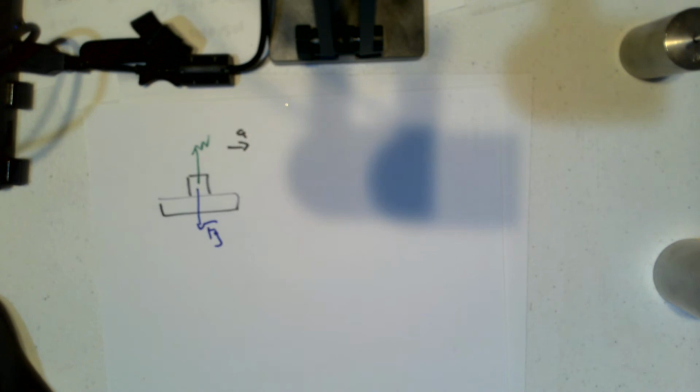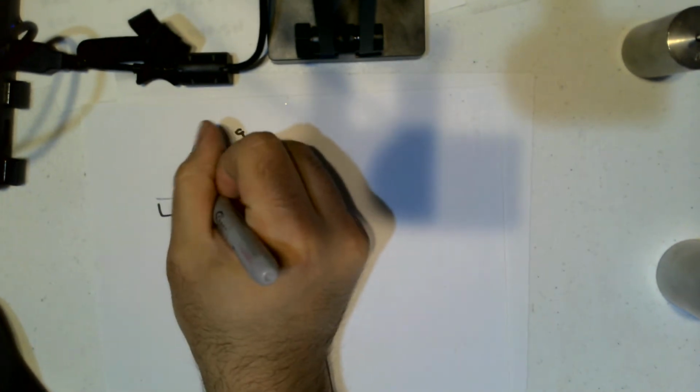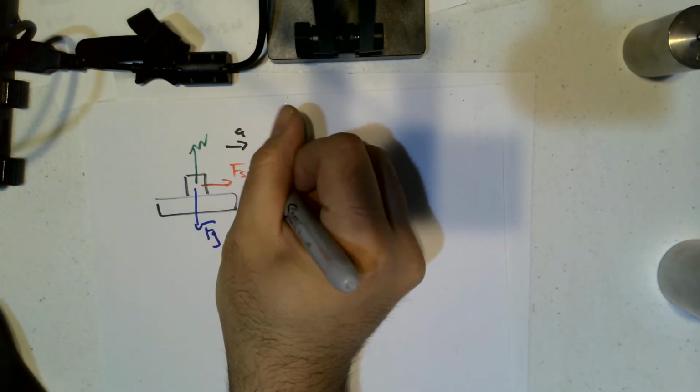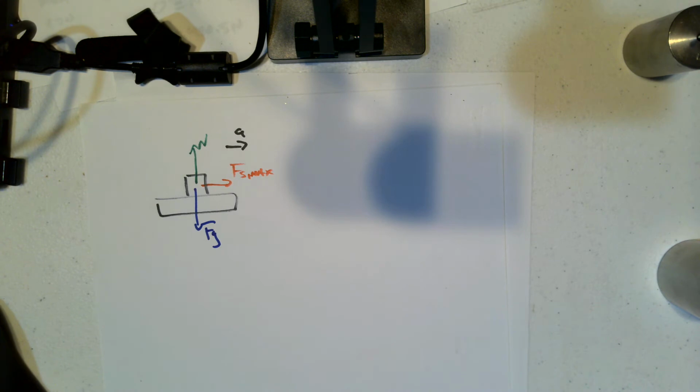And so what we have to recognize is that it's a force that's exerted by the surface, it's a contact force, and it's frictional in nature. And we're going to call it F_s max right now, because what we want to do is find out what acceleration we can move to the right with before this thing begins to slip.